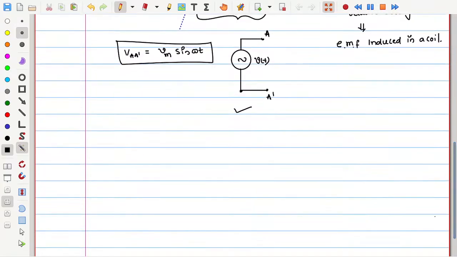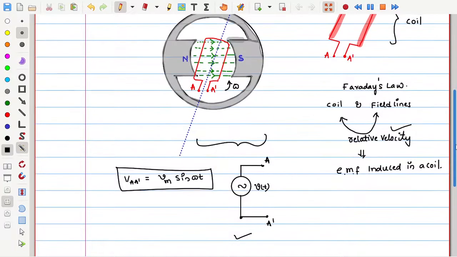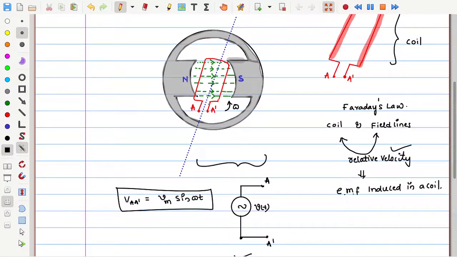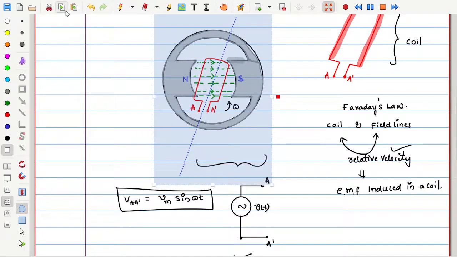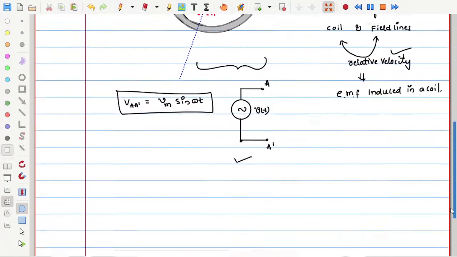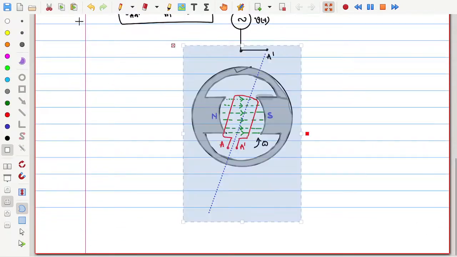Now let me introduce one more thing. Instead of one coil, we choose three coils to generate the voltage or EMF simultaneously at a time.